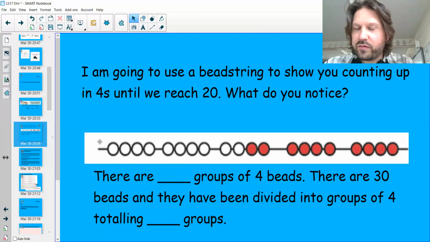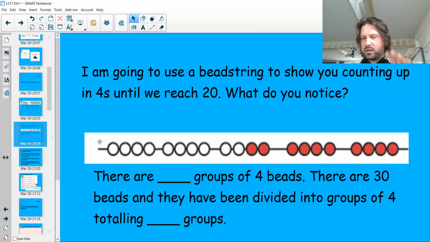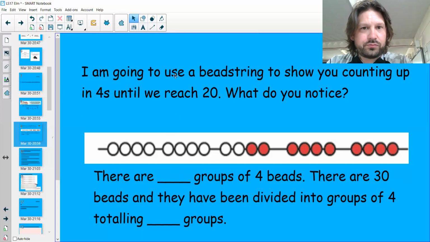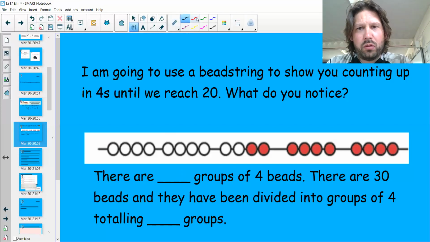Okay, so hopefully you've done that. Hopefully you've seen how it works with any number, as long as they're equal groups. If you get an unequal amount, say I had 21 beads here, I would have 1 more bead on the end, and that would mean that end group was too big.